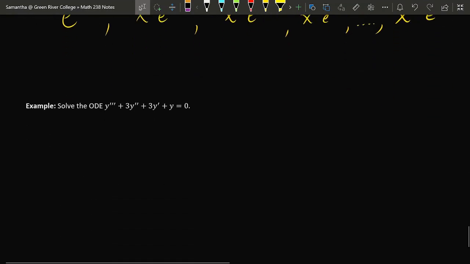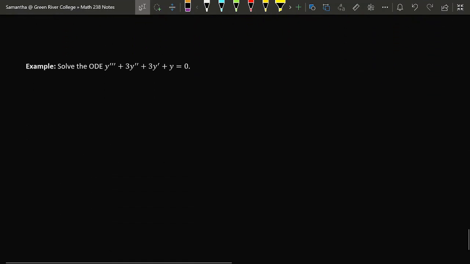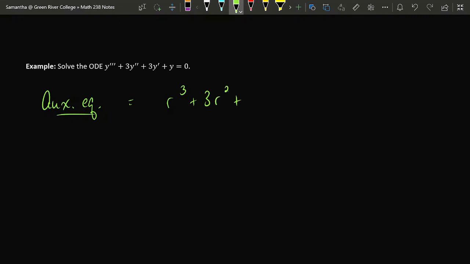For an even more dramatic example of this, let's consider the ODE, which is third order, y triple prime plus 3y double prime plus 3y prime plus y equals 0. In this case, our auxiliary equation would be r cubed plus 3r squared plus 3r plus 1 equals 0.